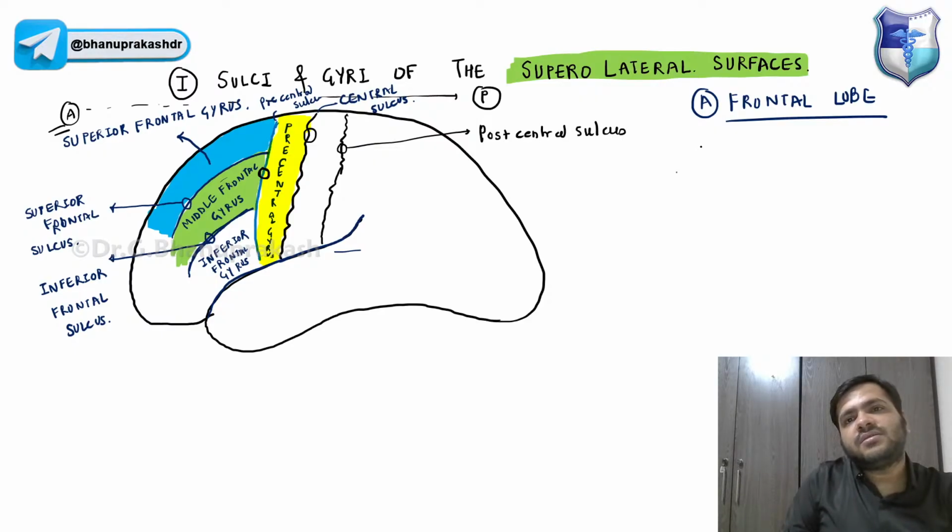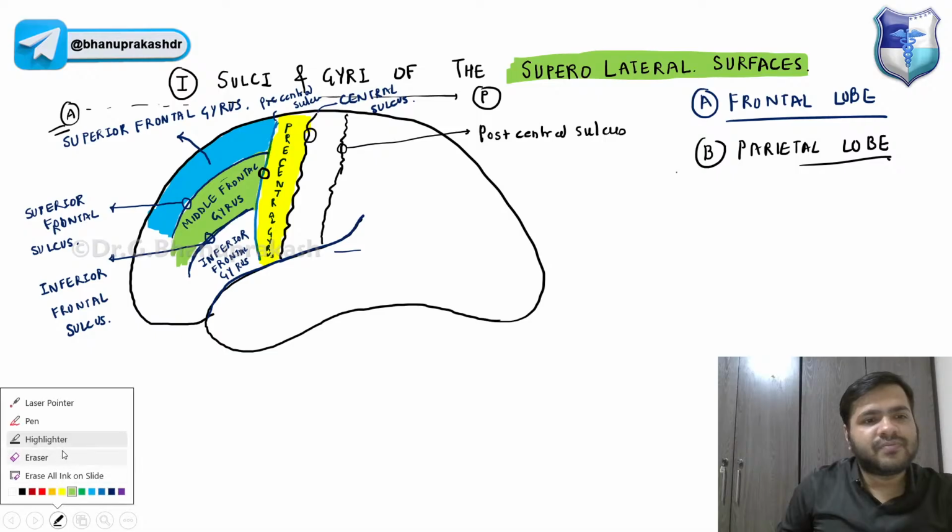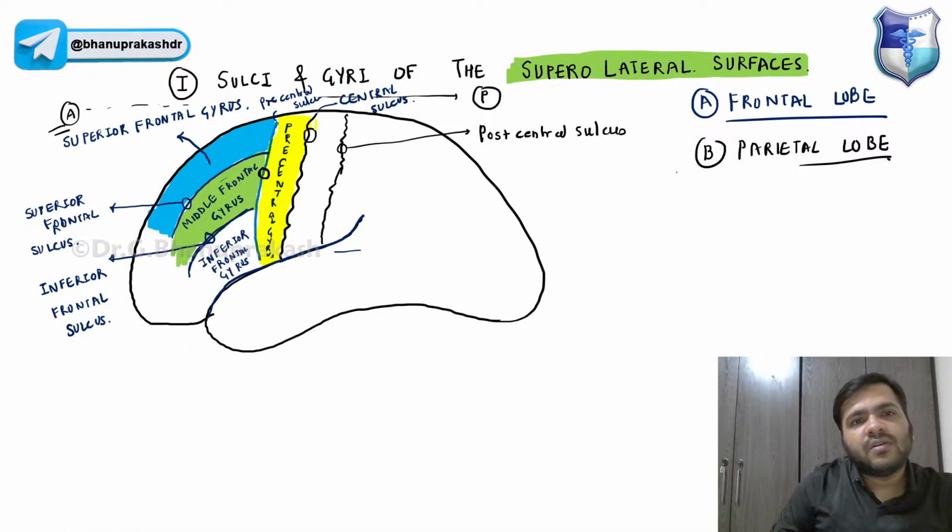So we are discussing the parietal lobe sulci and gyri. In the parietal lobe we have the post central sulcus, aur ye wala jo area hai beech mein, that will be the post central gyrus.